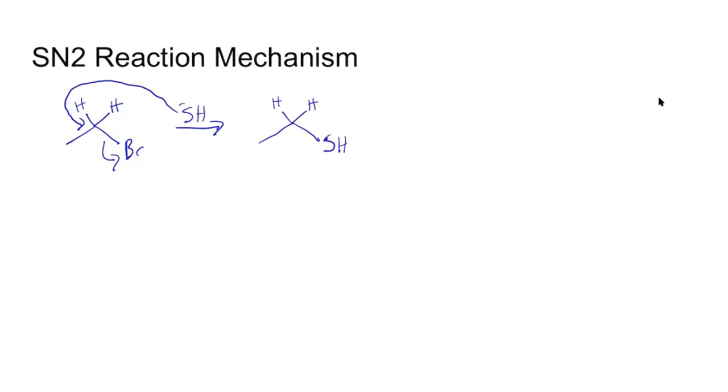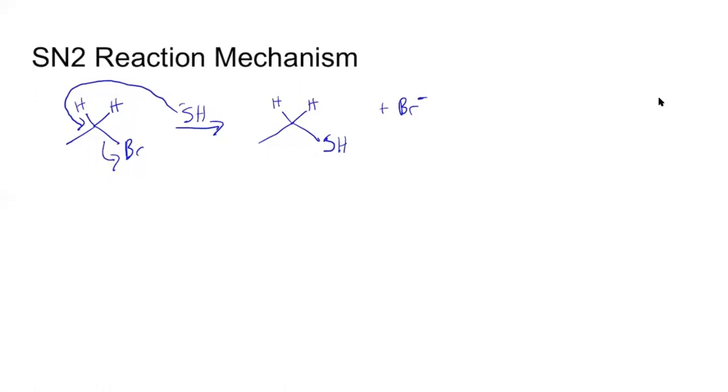So now we can see that the substitution has occurred because in place of our bromine on the molecule, we have the thiol group. And we've got some Br minus floating around in solution.